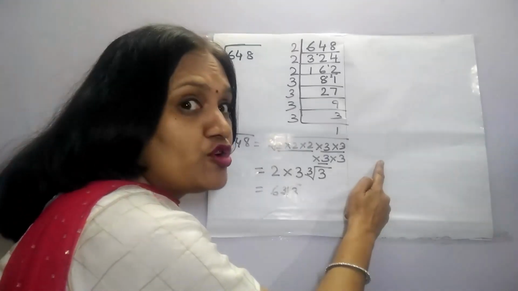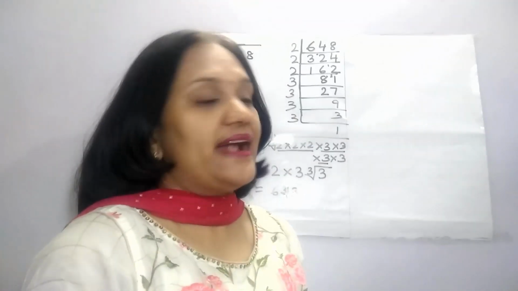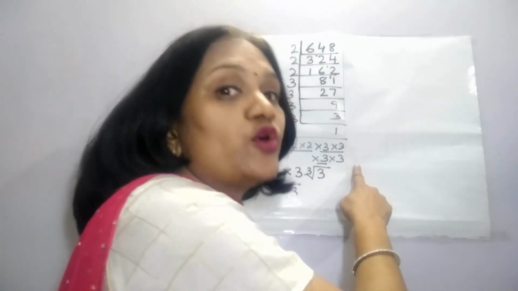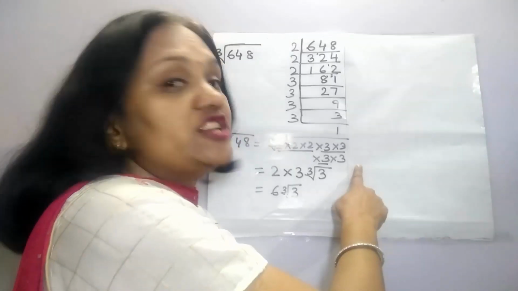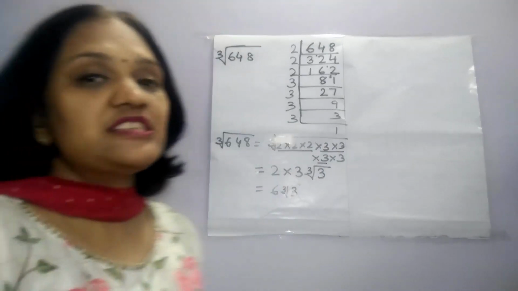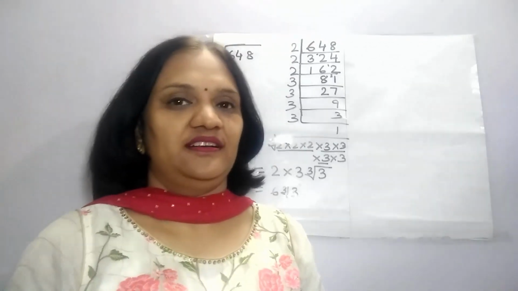If there were 2 more 3s, then it would have formed a group and the group of 3 would have come out. So we need 2 more 3s, meaning 3 into 3, 9. So 648 should be multiplied by 9 to make it a perfect cube.